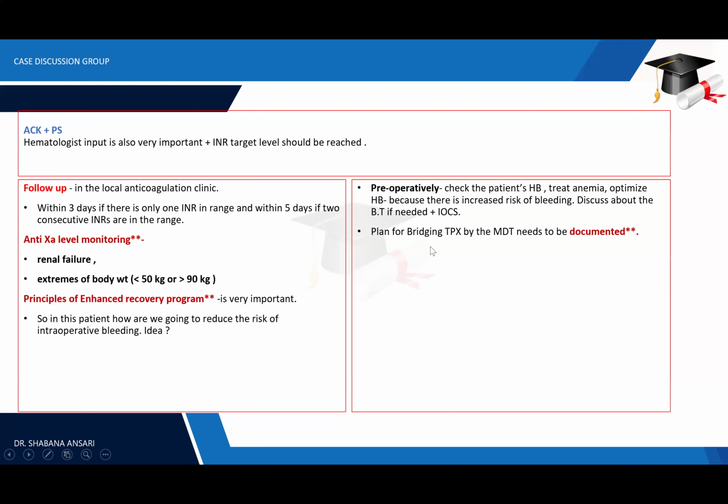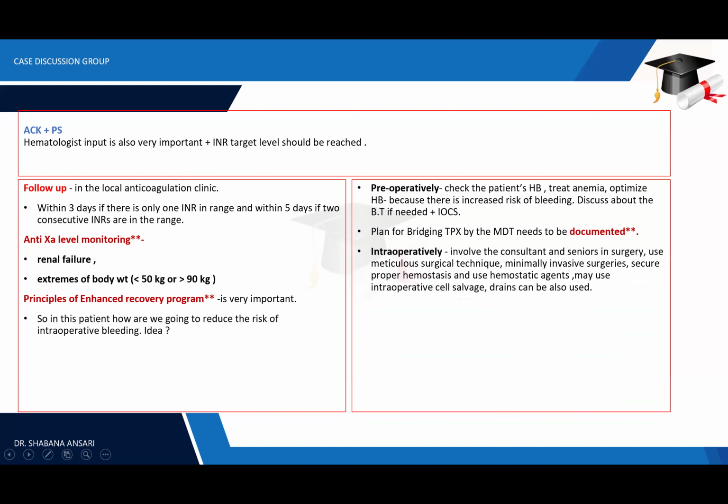It is very important to document the bridging plan. Intraoperatively, yes, we will involve the consultant and the seniors in the surgery, use meticulous surgical technique, minimally invasive surgeries if it can be done, secure proper hemostasis and use hemostatic agents. We can also use intraoperative cell salvage, and drains can be used.